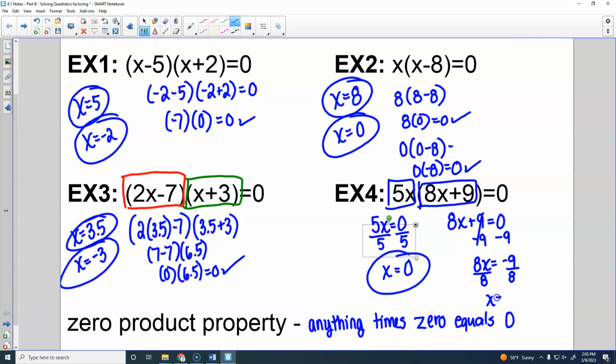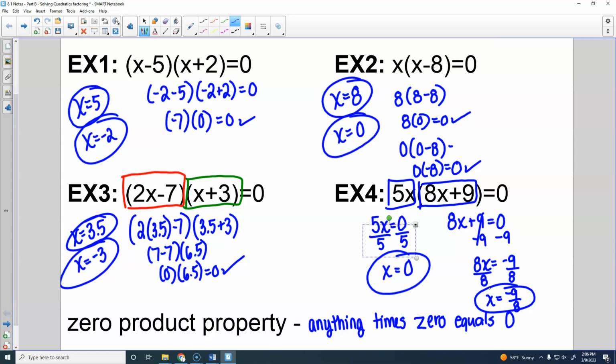So x would equal negative 9 over 8, which you can just leave as a fraction, will be fine. As a decimal, it's negative 1.125. Either is fine, but you're probably going to see fractions more often than decimals on the answers for those. All right, so does that make sense?